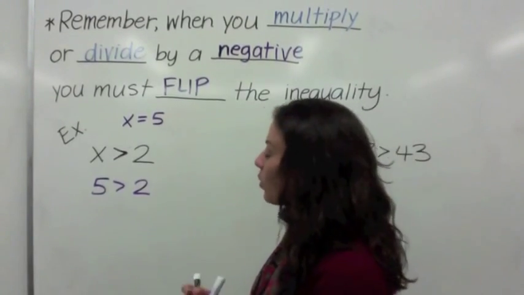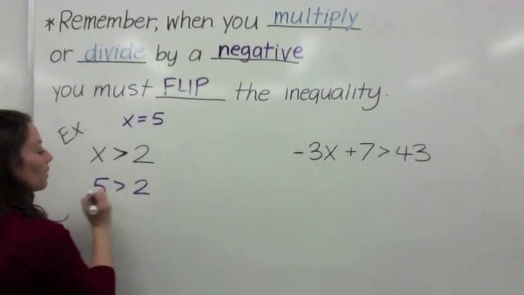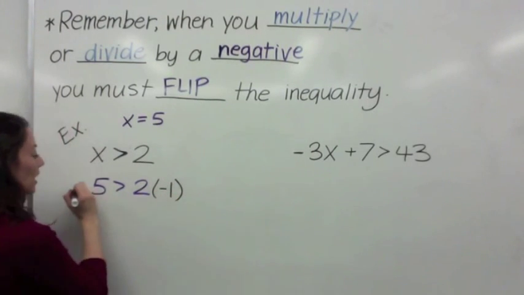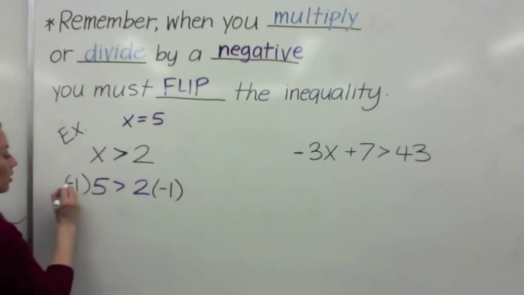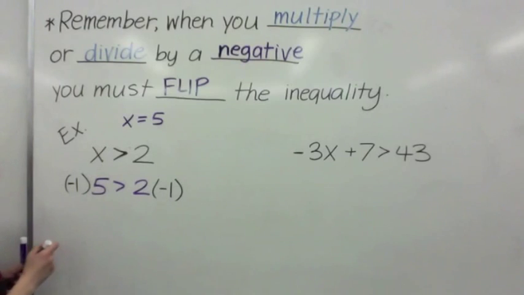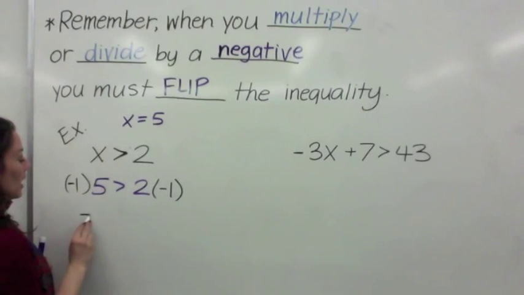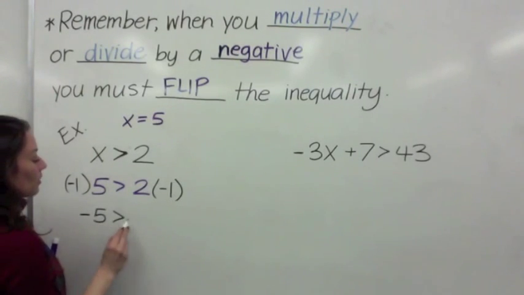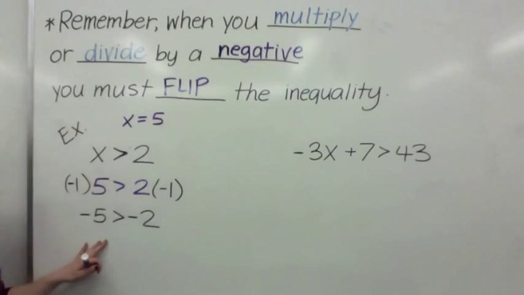But what happens when we multiply both sides by -1? Because if you multiply both sides, you're not changing the equation at all. What do you get? You get that -5 is greater than -2. Is this true? No, it is not.